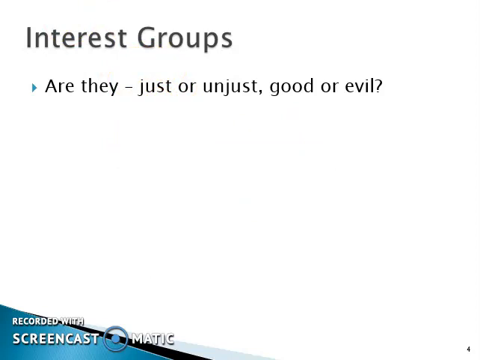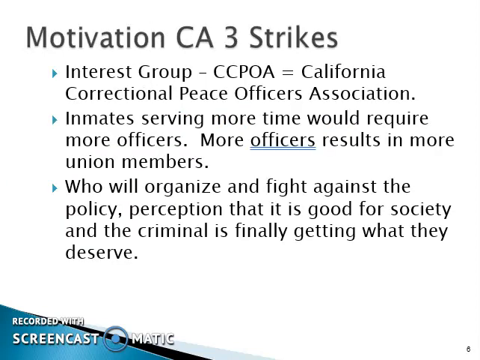So let's give you an example of this, and this may be a more egregious example. I'm showing the unjust or evil side, but nevertheless, here it is. There is an interest group known as the CCPOA, that stands for the California Correctional Peace Officers Association.